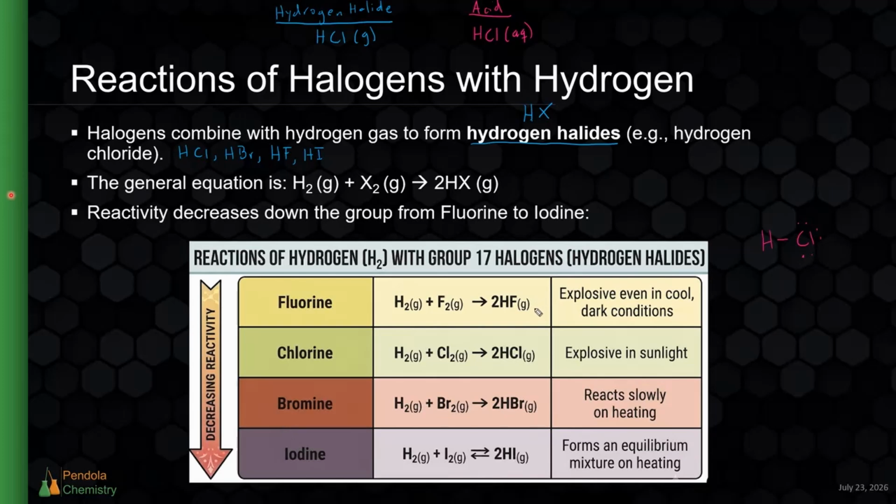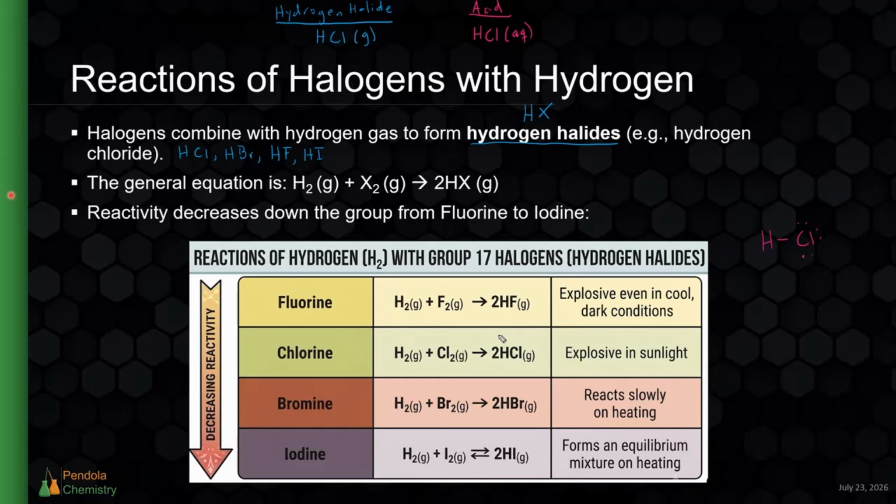Well, as we go from the reaction of hydrogen with fluorine to the reaction of hydrogen with iodine, they become less volatile or less explosive. With hydrogen and fluorine, the reaction is explosive. Even if you do this reaction in a cool, dark place, it is going to be explosive, which is why this reaction is usually not carried out, because it is dangerous.